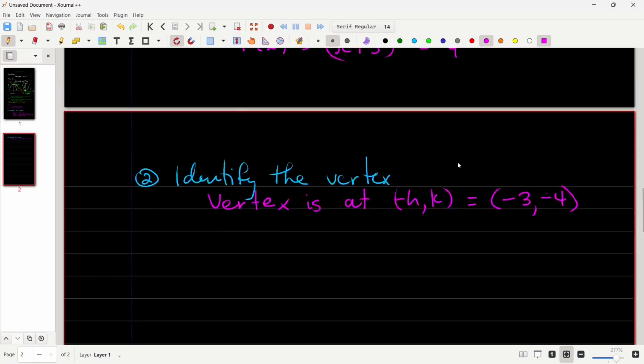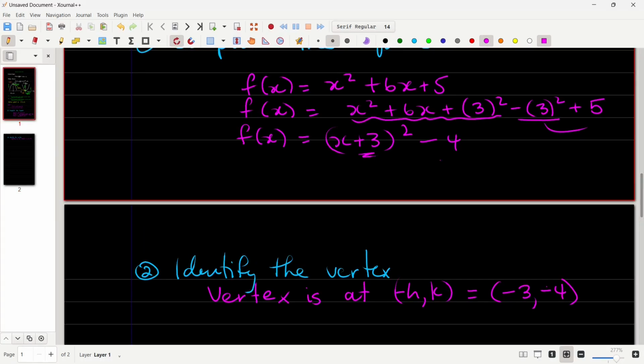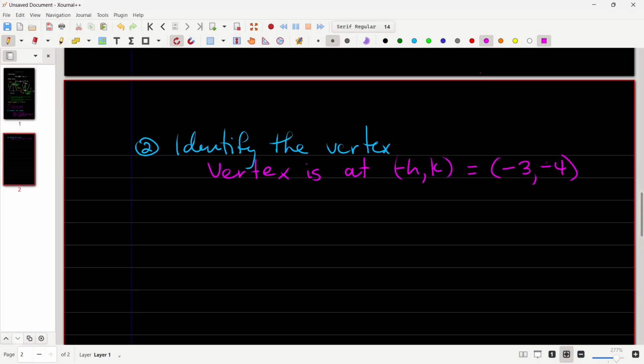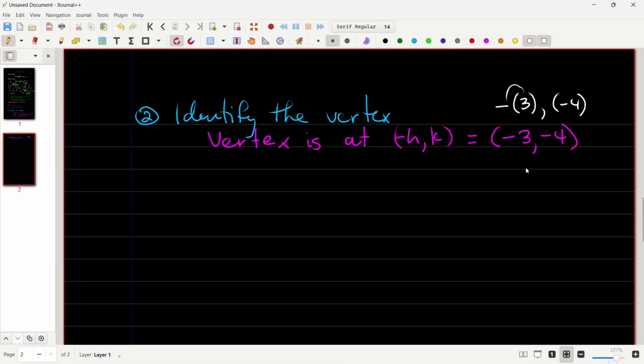Let me just make sure of that. We have here a positive 3, and here negative 4. So we take the negative of the h value, the negative of the positive 3, which gives negative 3, and the k value is negative 4. So I put that value in there, and that's it. We've identified the vertex.